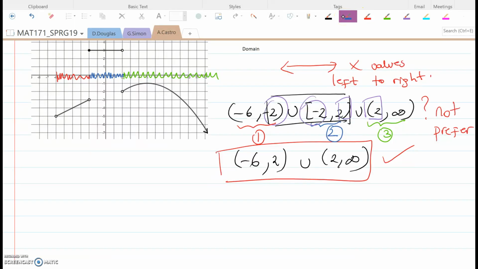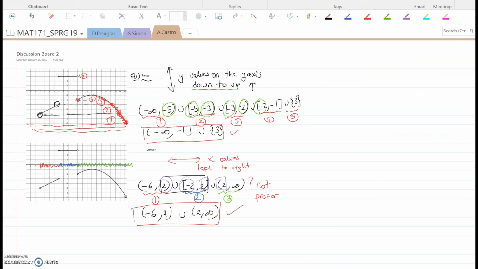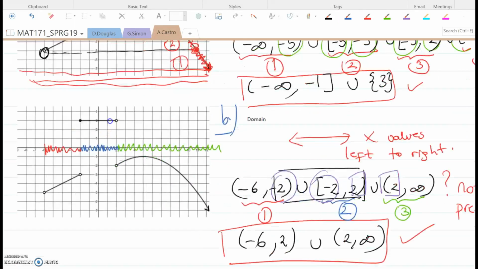Let's go ahead and have a look at the other parts of the question. So this was part A, B, part C. Now we're asking what is f of -2. So what it means is plug in x equal -2, what y values you are going to find.